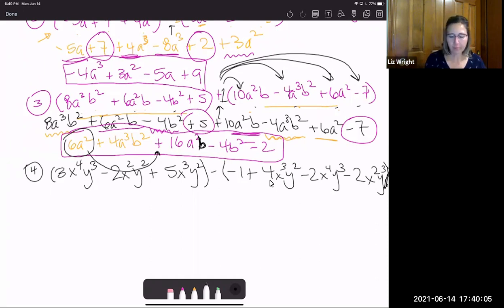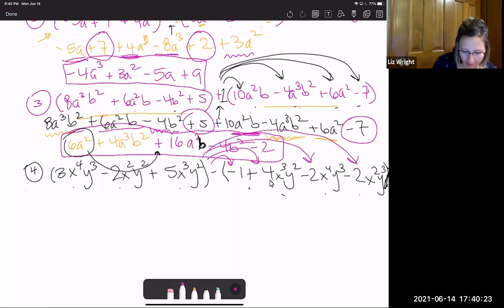All right. So again, evaluate inside your parentheses. See if there's anything for us to combine. I don't see anything for us to combine. So now our next step is to distribute that negative into each of our terms in that second set of parentheses.